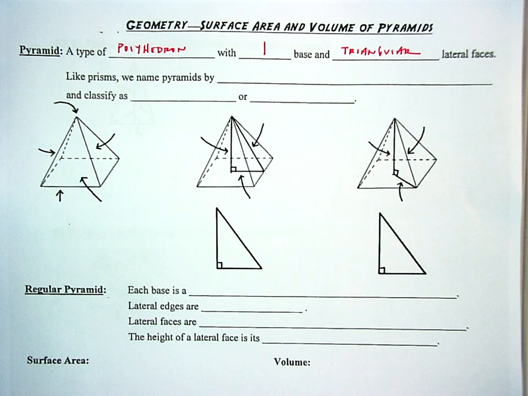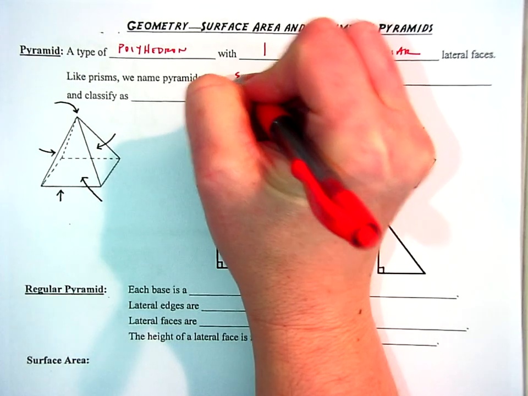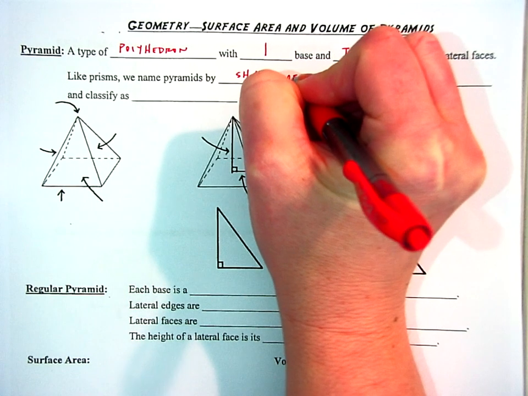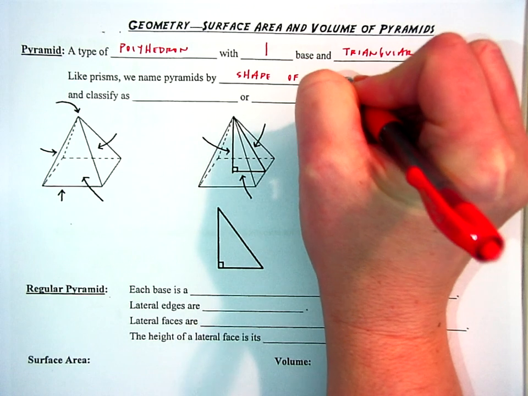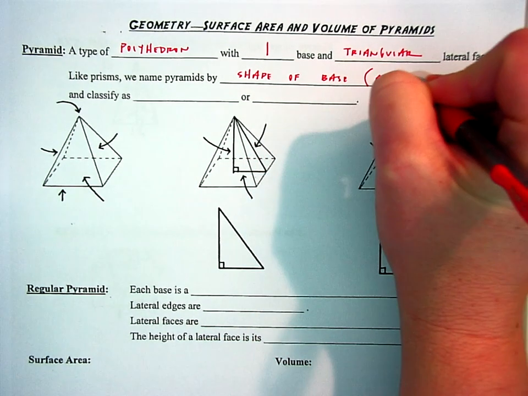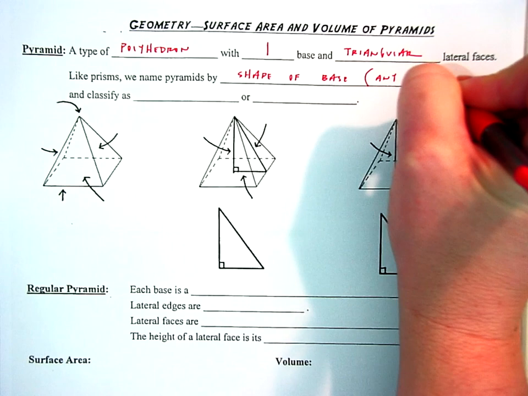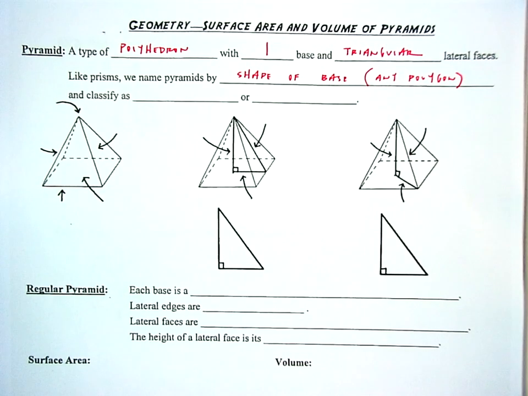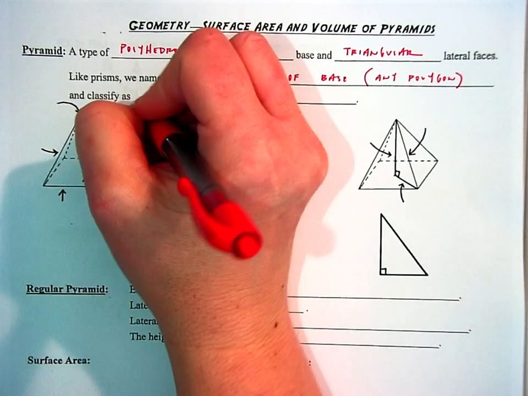Like prisms, we name a pyramid by the shape of its base. And again, just a reminder that it could be any type of polygon. We can also, just like all of the other solids we've been looking at, classify as right.